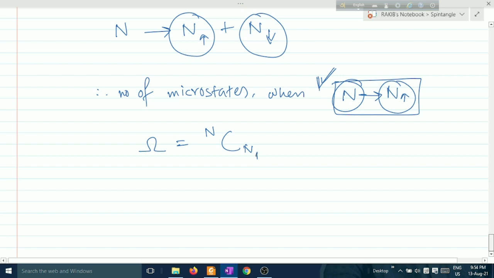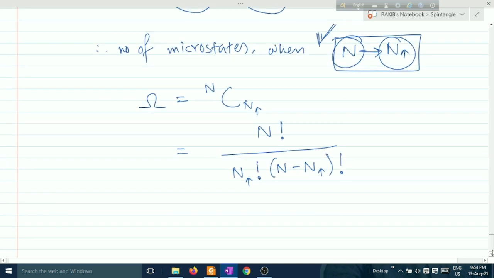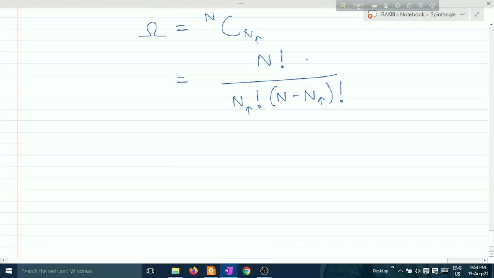This means N factorial upon N up factorial, and N minus N up factorial. This is the total number of microstates in choosing N up particles from a system of N particles. This is the answer.